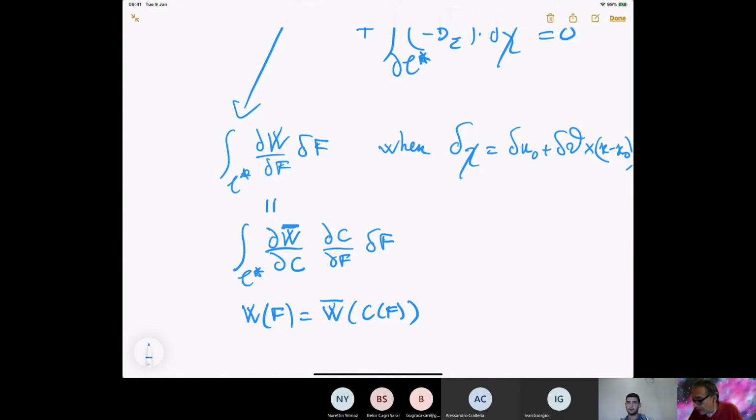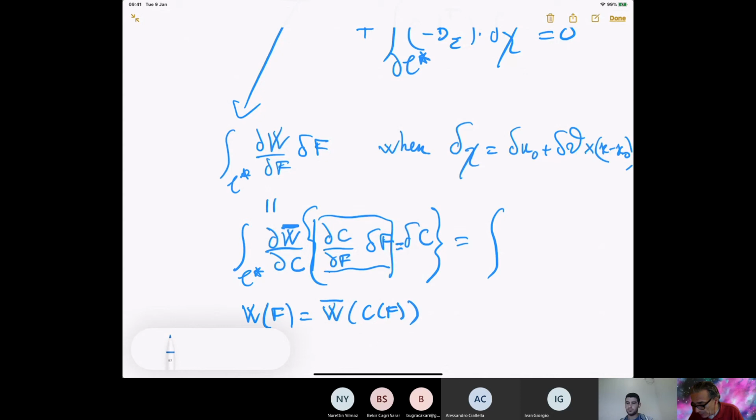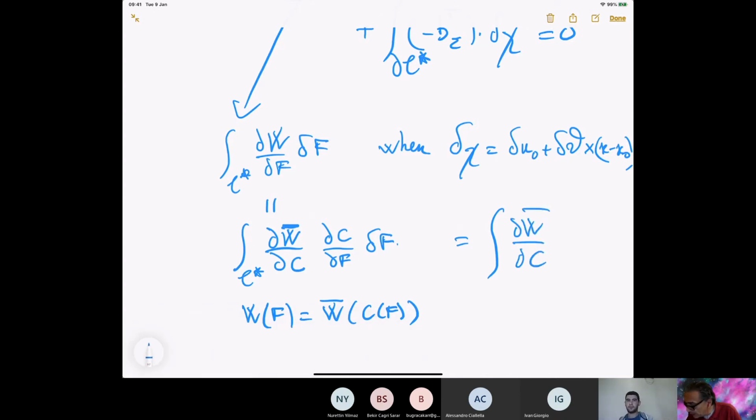So we can call this delta c. To write it clean, this is equal to dw bar over dc delta c.